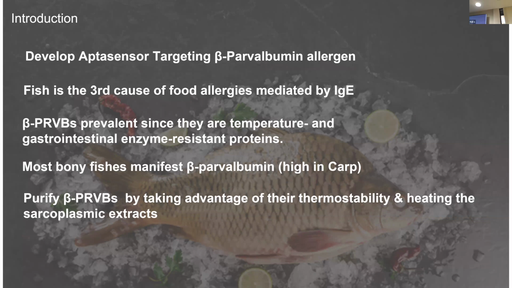So we're developing an aptasensor against beta parvalbumin, which is a fish protein which causes an allergic reaction, and fish allergies are really one of the top 3 allergies. They're present in bony fishes like carp, but the thermostability of these proteins allows you to extract it quite easily.